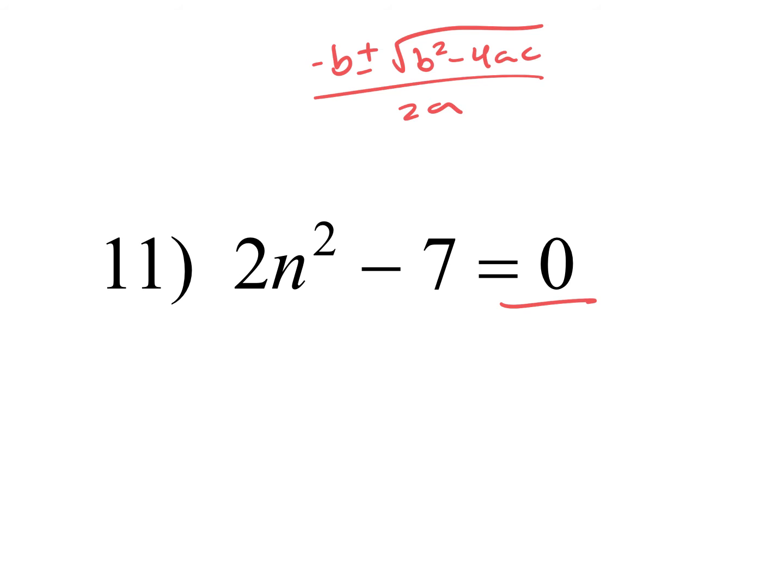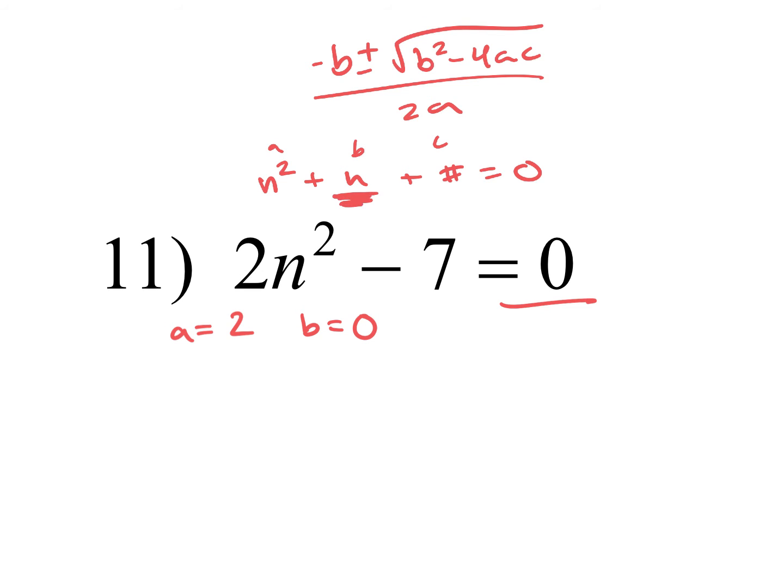Now here, it's equal to 0, so what's a? 2. What's b? So remember, it goes n squared plus n plus the constant is equal to 0. Do I have just that n variable here? No. So what do you think b is? 0, because it's a, b, c.